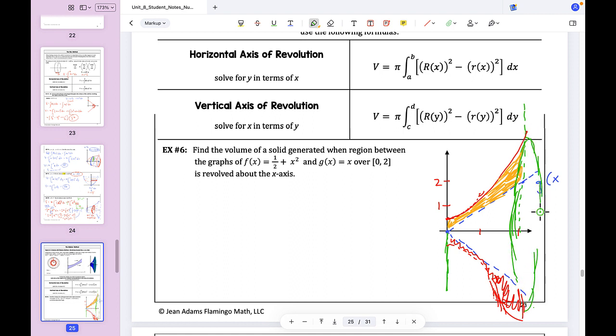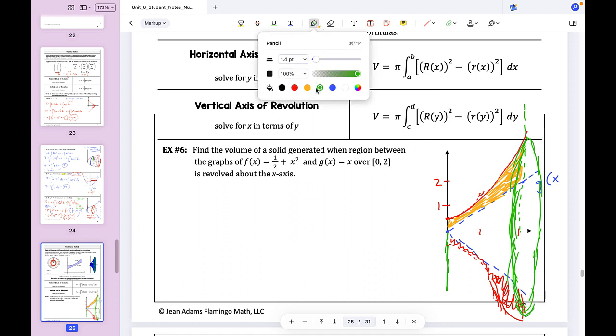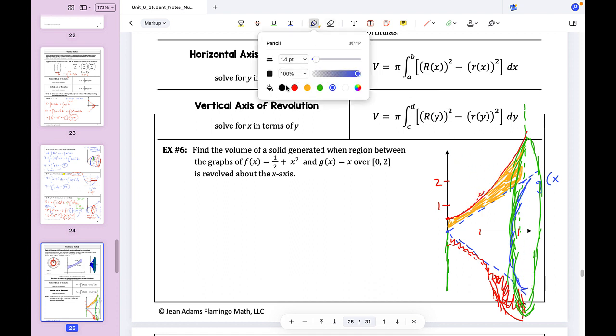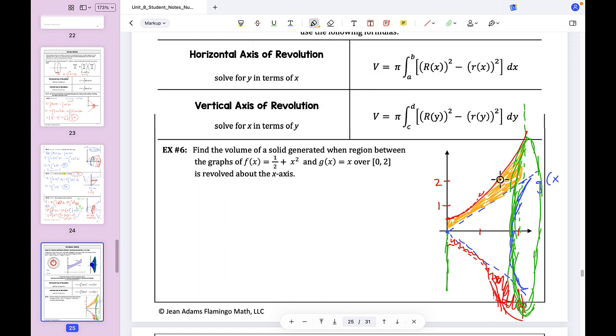It was much better in my notes, but it's okay. So what you'll notice is that I have a hole in the middle. And that's the important part of this whole thing, right? I have this hole here. Let's draw another one down here.